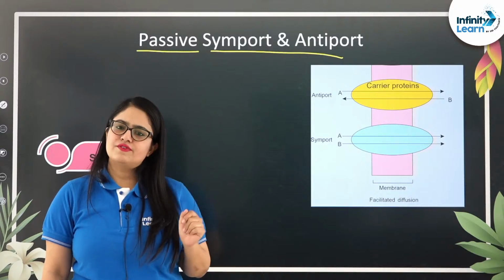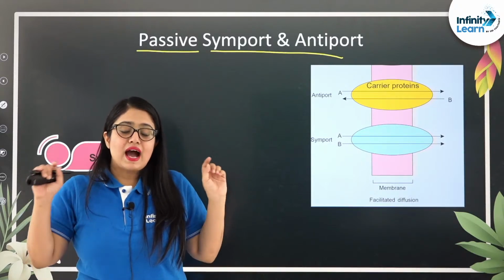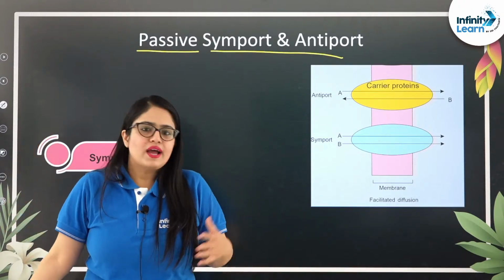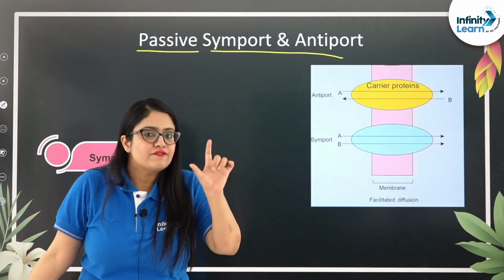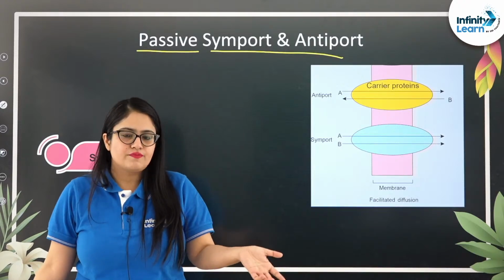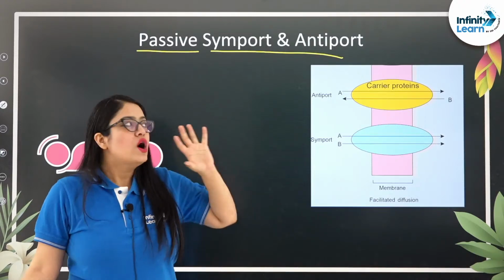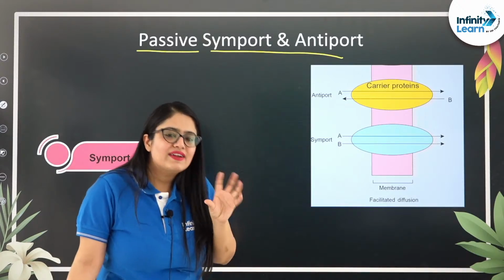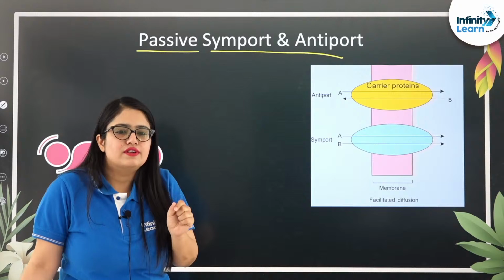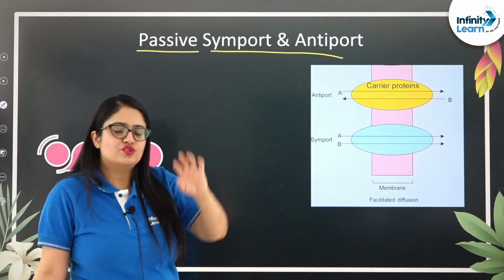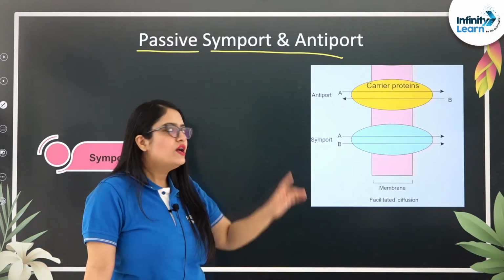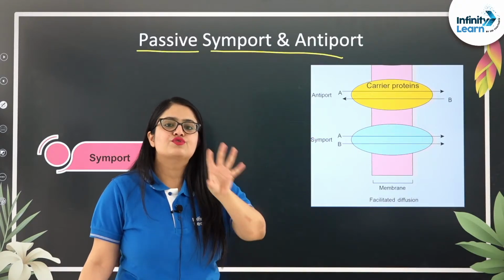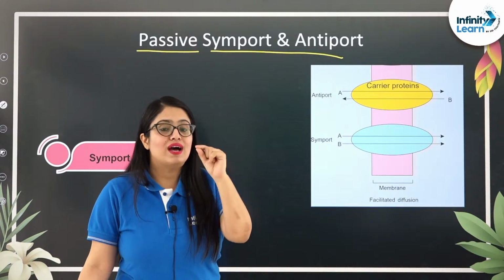But then what's the difference? Why has the NCERT given the terms symport and antiport? Why was the term facilitated diffusion not enough? Try to understand, students, why passive symport and antiport have a little difference when it comes to facilitated diffusion.